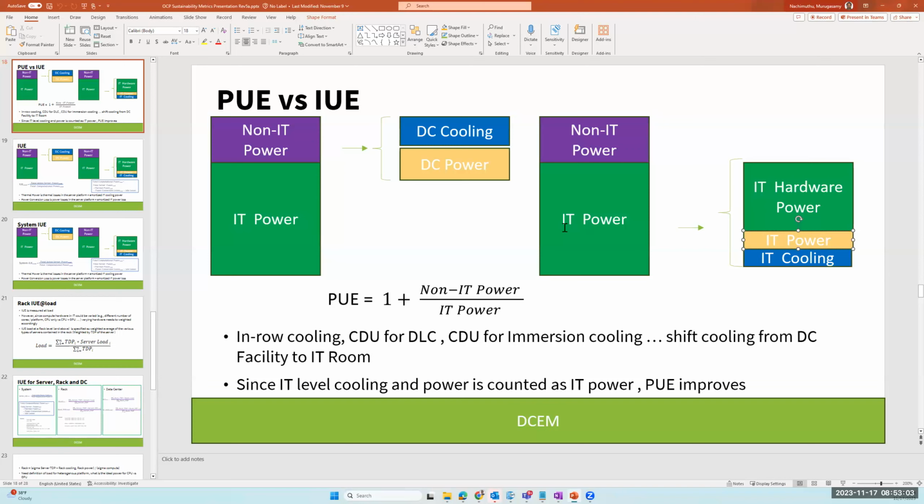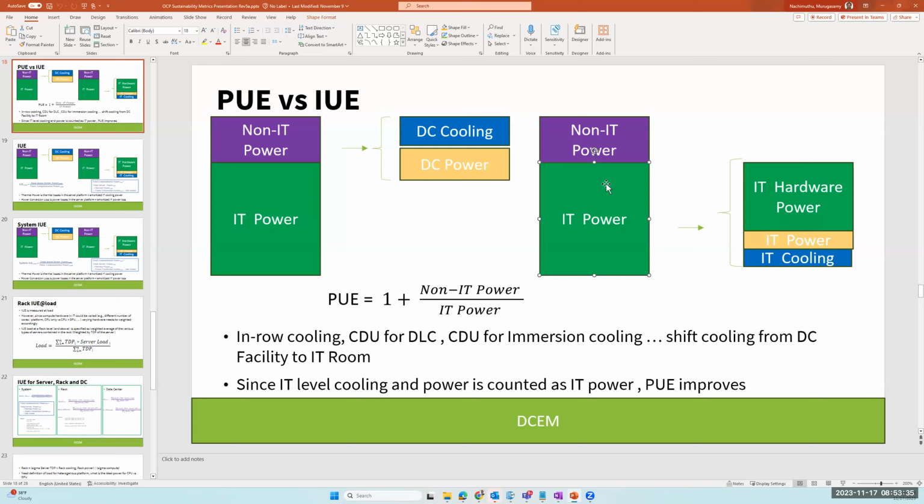If you made both of those larger and shrunk the non-IT power, and maybe if the DC cooling, DC power was the same size as the non-IT power, maybe that helps too. But to me, the most important part is you've got to make the ratio of non-IT power to IT power different in the before and after case. They look the same, and that's not the issue we're conveying here.